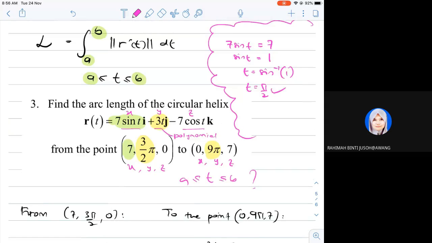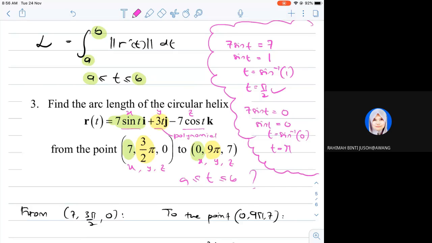Yes, the same, correct. However, when 7 sin t equals 0, sin t equals 0, t is arcsine of 0, isn't it? If you use your calculator, you will get pi.